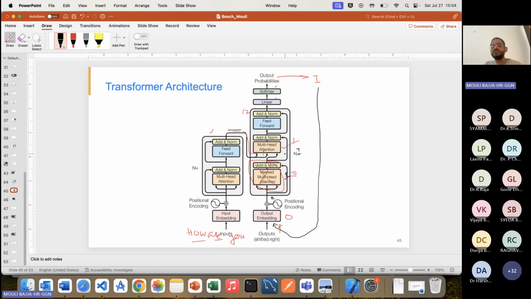If you look exactly here at this stage, what you would have is, how are you? And then I. So that gets processed, linear, and then it gets feed forward and so on. And then it spits out am.